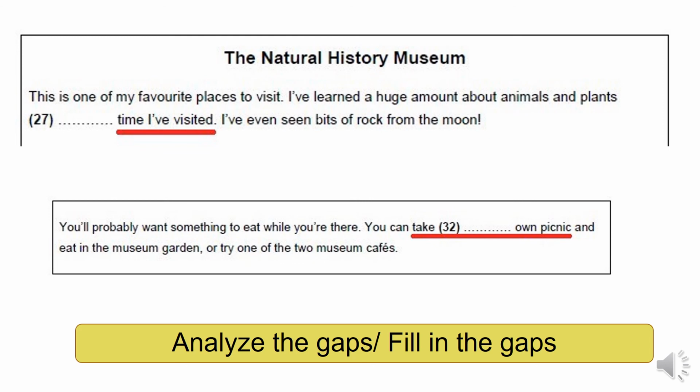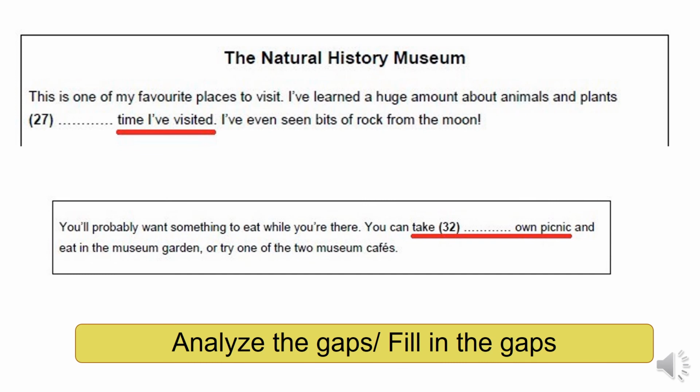For gap 32, the most important word is own. You will probably want something to eat while you are there. You can take dash own picnic and eat in the museum garden or try one of the two museum cafes. So in this, the most important word is own. If you use own plus noun, which is own picnic, you usually use a possessive adjective, for example, my, your, his, her, our, their, with this expression.